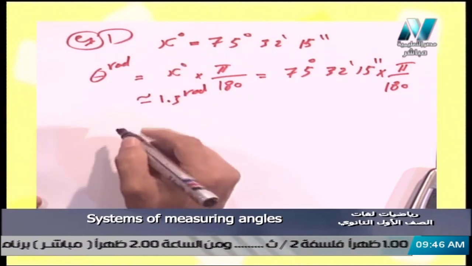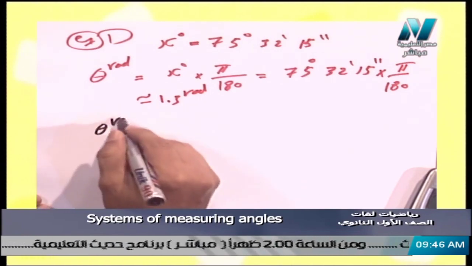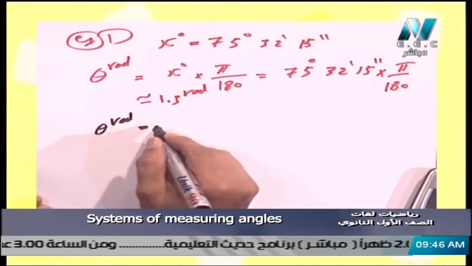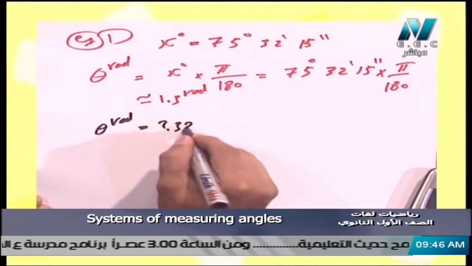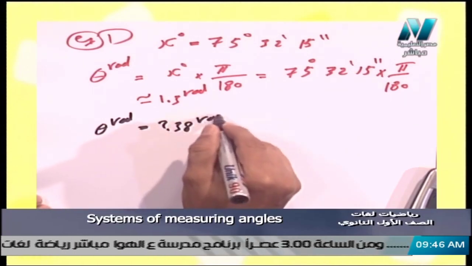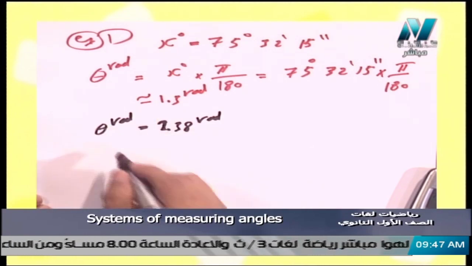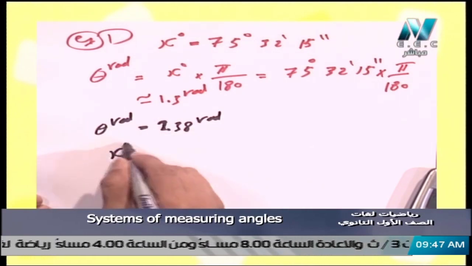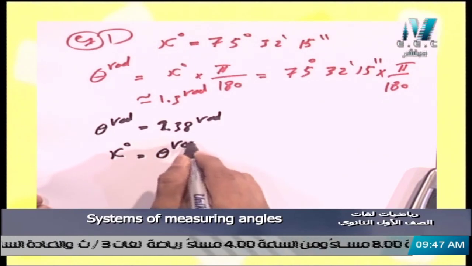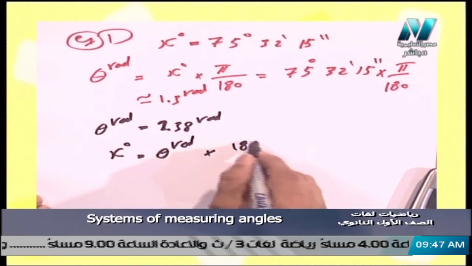If we have theta rad equals 2.38 rad and you want to convert it to degrees, we write the rule: x degrees equals theta rad times 180 degrees over pi.